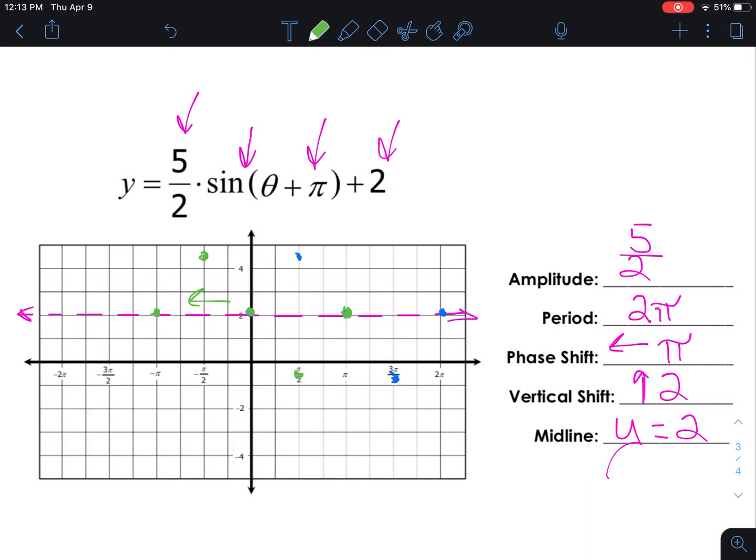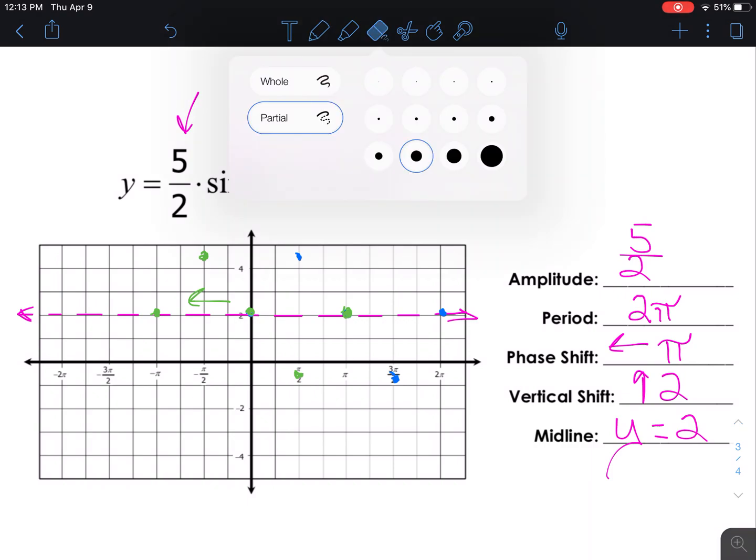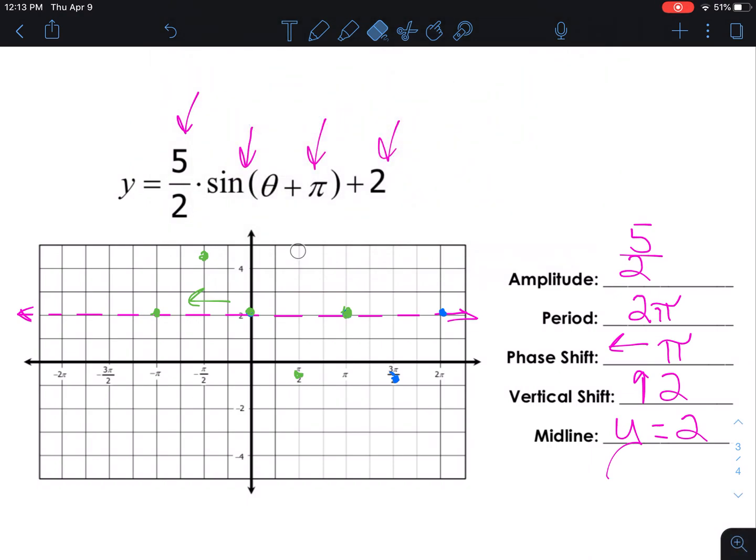So I'm going to get rid of the other ones so that's not messing me up. Then I can just copy what I've got, this process here. So I'm going to continue with some dots. I've got my one wave.